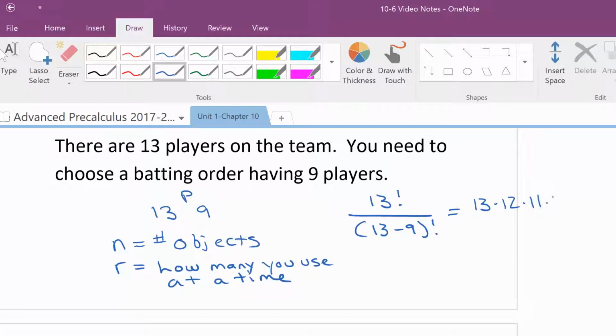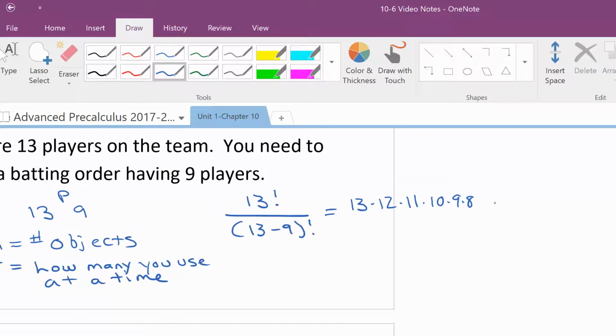So you can do 13 times 12 times 11 times 10 times 9 all the way out, times 5 times 4 factorial. So you cancel.